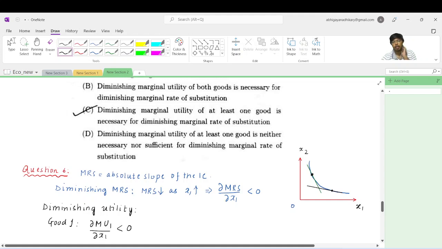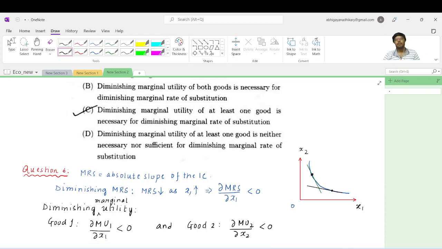So del mu1 by del x1 is negative. And for good 2, del mu2 by del x2 is negative. These are the two things that are implied by diminishing marginal utility for the two goods x1 and x2.